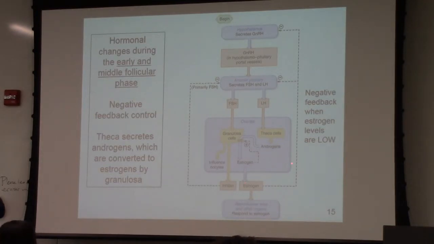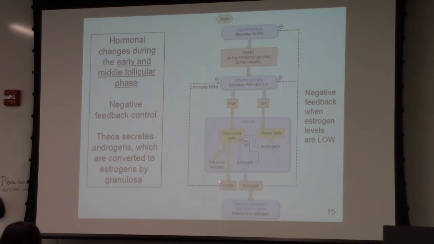There is feedback inhibition. Estrogen gives negative feedback to help keep LH and FSH levels under control. Estrogen has negative feedback to GnRH to help keep GnRH and LH and FSH levels under control. Low, but under, not zero, but under control.